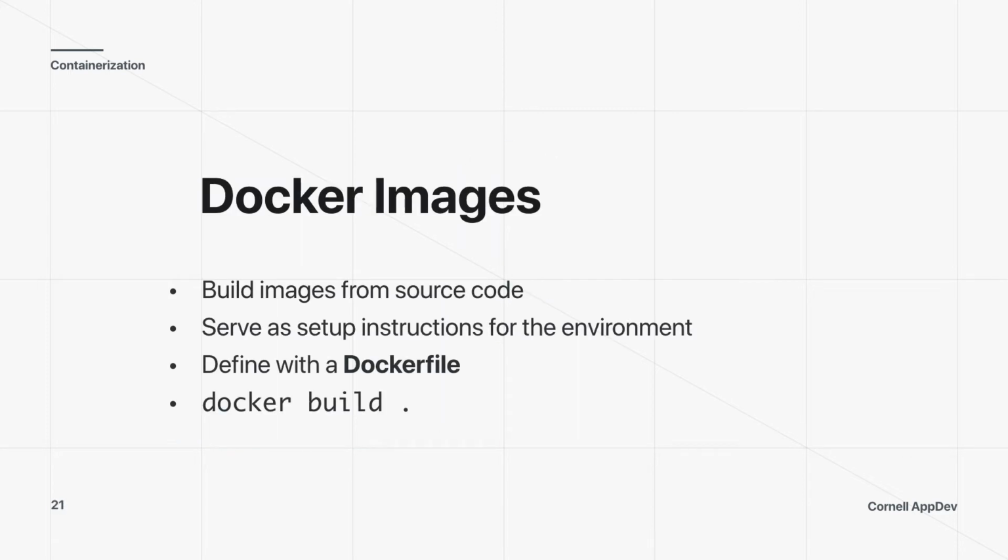So a Docker image, you can think of it as literally a picture. It's immutable, which means you can't change it. You can name it. If you want to quote unquote change it, you would just build another image and rename the old name that you had before, because you can have tags.